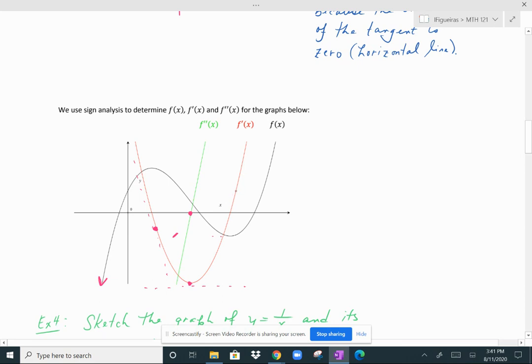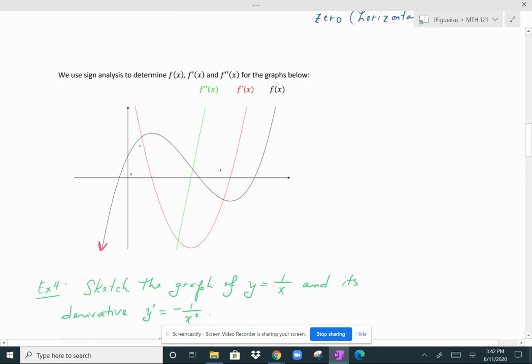But if I'm on the right side of the graph, this has a positive slope, and notice that my line is positive on that side of the graph. So again, this will always be the case no matter what your graphs are. The relationship between f prime, and f double prime, the slope of the tangent line, the sign of the slope of the tangent line has to correspond with the sign of the graph of its derivative.